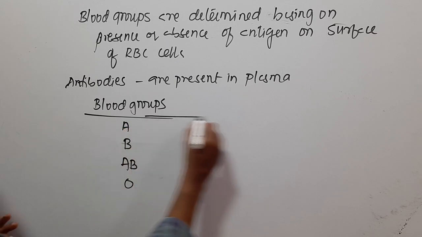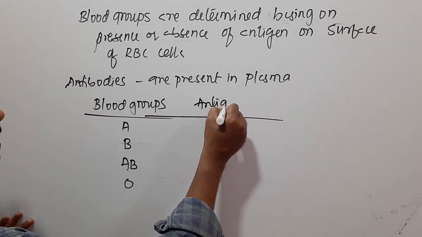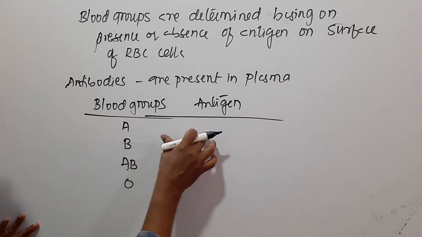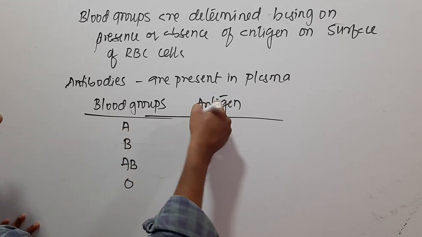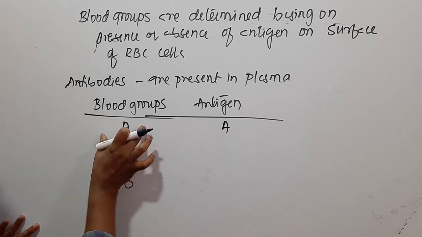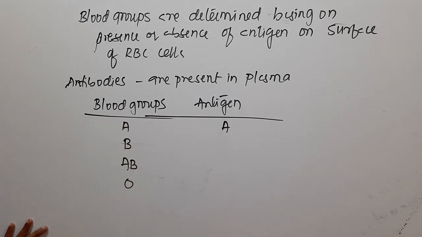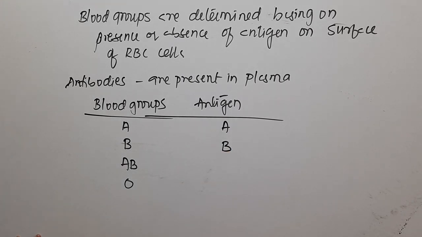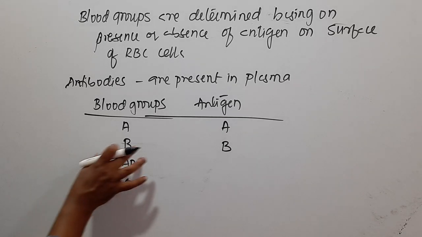The person who has antigen A will be the person with the A blood group, and the person with antigen B is the person with the B blood group.